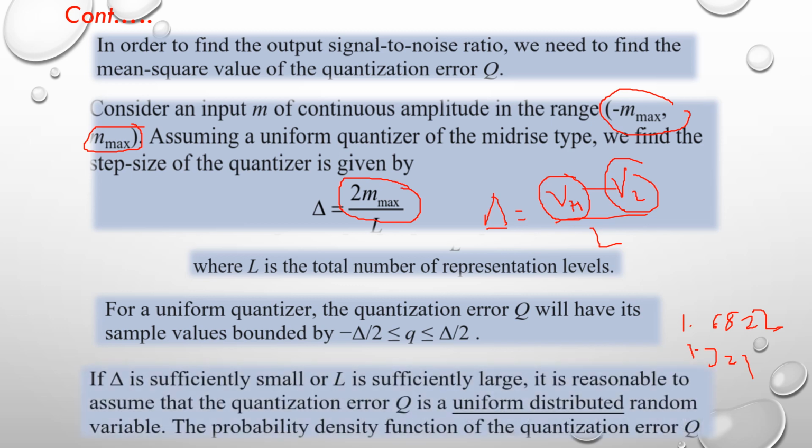If delta is sufficiently small, or L is sufficiently large, it is reasonable to assume that the quantization error Q is a uniformly distributed random variable. Now, the probability density function of the quantization error Q is as follows.